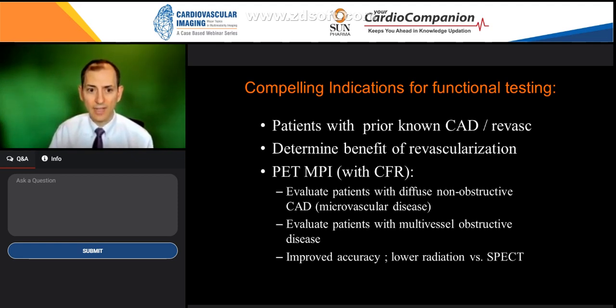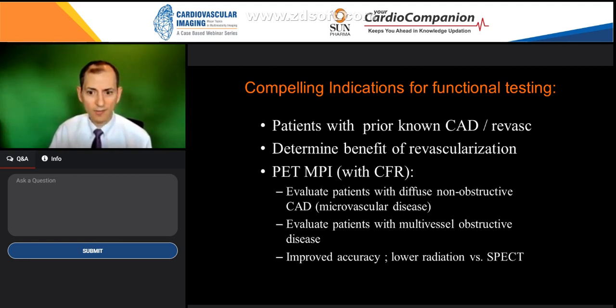It's particularly helpful if we want to identify the benefit of revascularization, to know if somebody's symptoms are due to ischemia and to see how much ischemia there is. Despite the ISCHEMIA trial, we know that patients with more ischemia generally have worse outcomes. What we do know now is that ischemia alone should not be used to decide on who to revascularize. We really have to think about symptoms as well, and of course patient preferences.